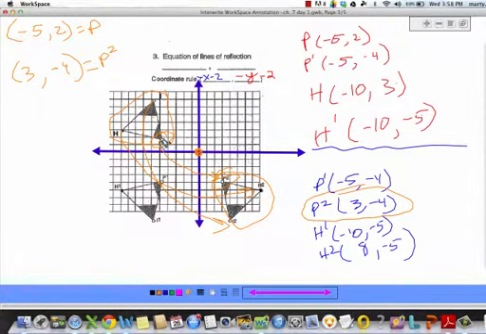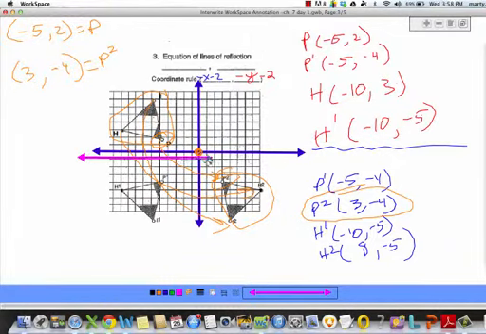Halfway in between my +2 and my -4 for my reflection from here to here. What's halfway in between there? If we're at +2 and then we end up at -4, halfway in between is -1.